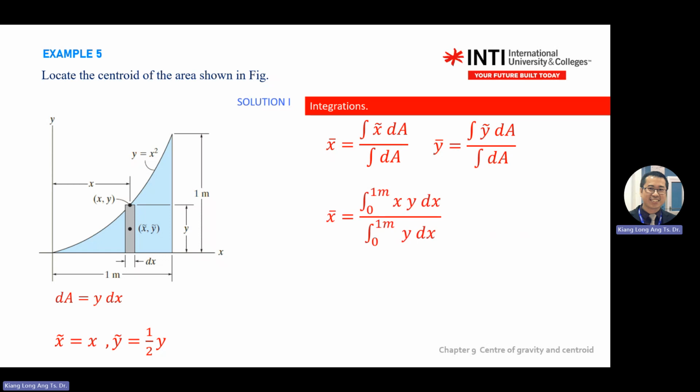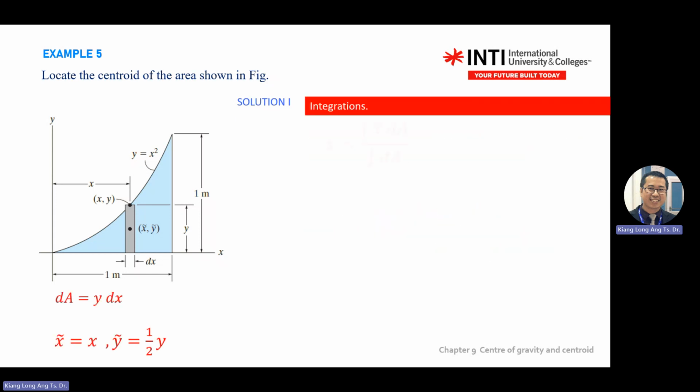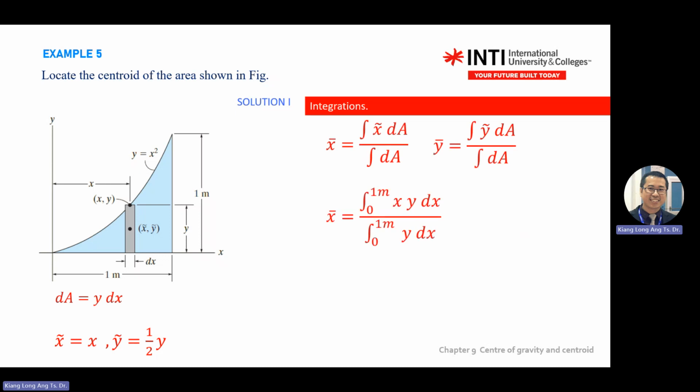Put in the equation. Again, you need to know the limit for dx. How do you identify it? You look at your area. Your area is dx, so you look at your x length. Okay, you look at your x length, 0 to 1. Substitute your dA over there. So before you do the integration, read back the question, y equals something times x squared.